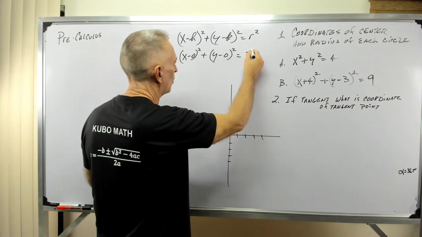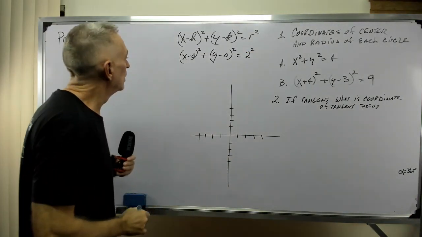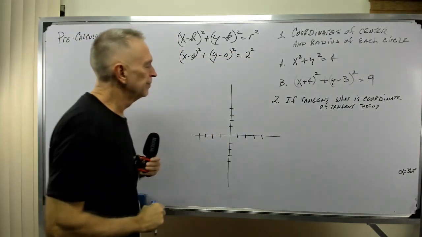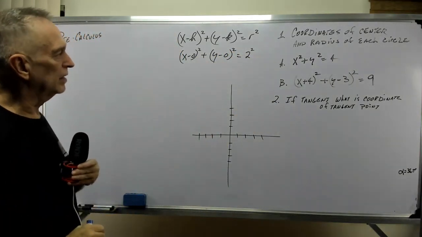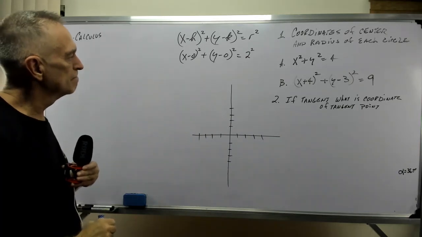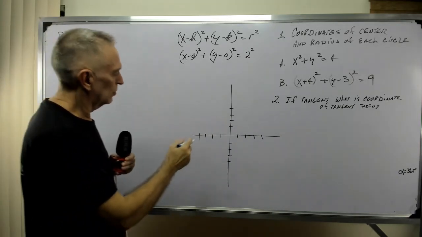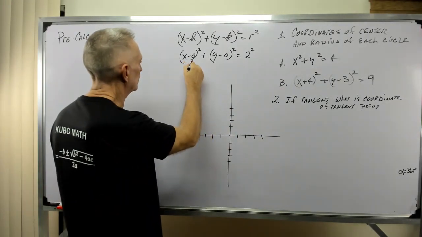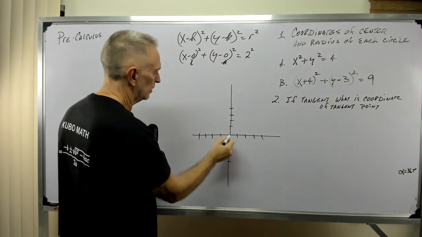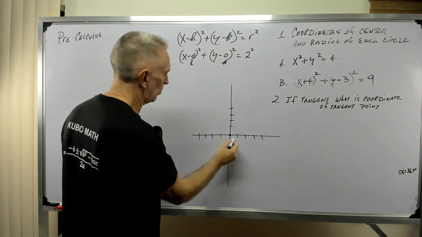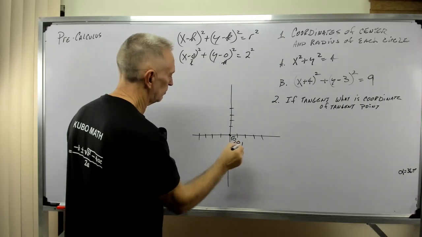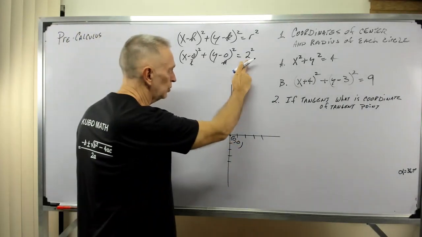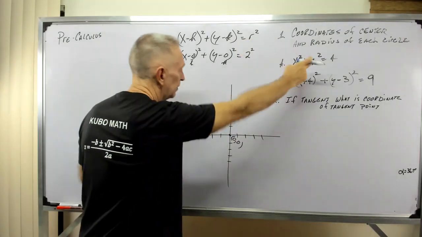Well, to get 4, I'd have to have 2. So this would give me that equation. It's telling me that circle has a center of 0, 0, because this is h and that is k. So the center point of that circle is at 0, 0, and it has a radius of 2.